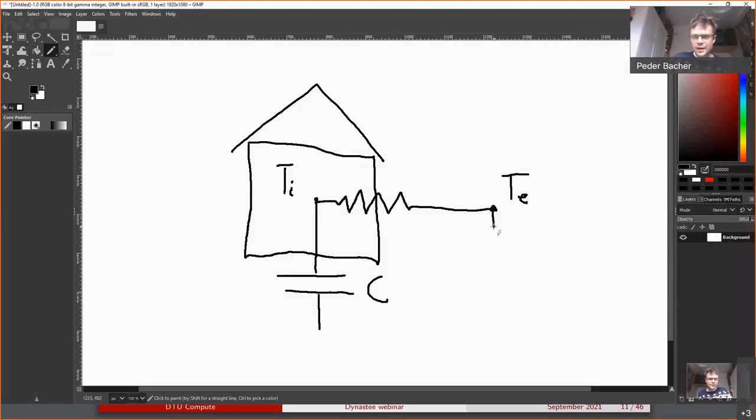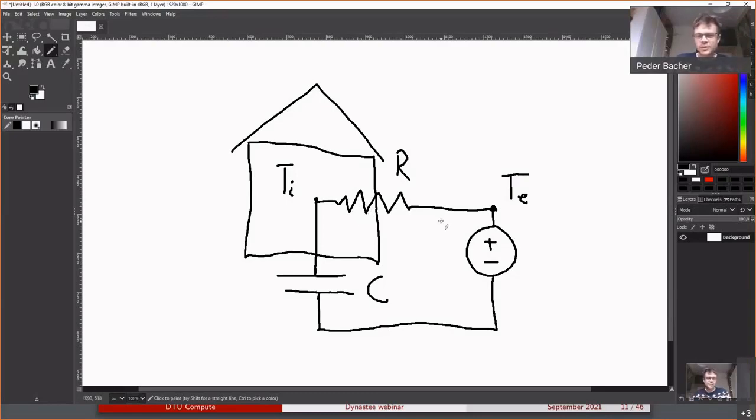And let's say that the external temperature is what drives the system, so it's equivalent to a voltage source. This is what we call an RC diagram, which is a way to illustrate an electrical circuit, but it's equivalent to the models we use for a thermal system.